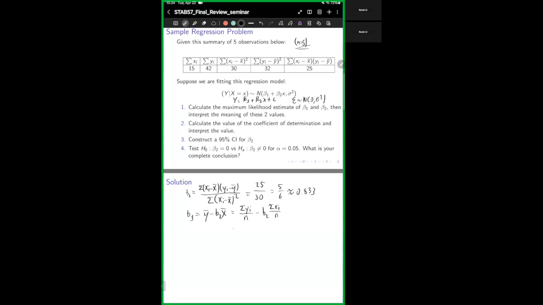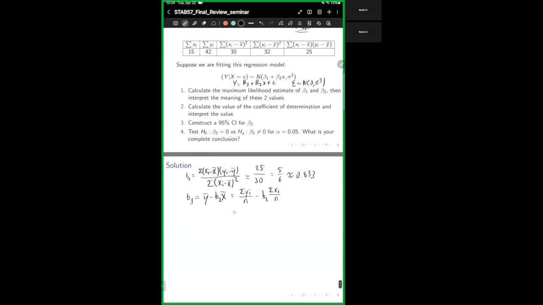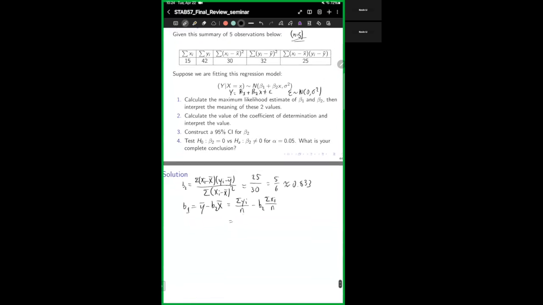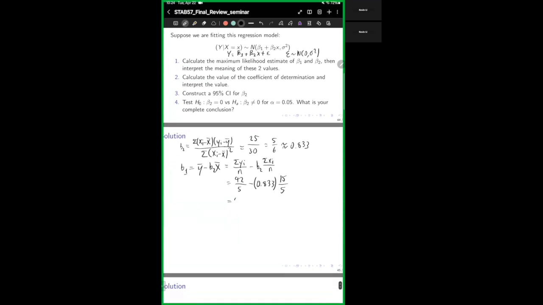So this is equal to the sum of yi, which is 42, over n equal to 5, minus 0.833 times the sum of xi, which is 15, over n, which is 5. And this just becomes 5.9.